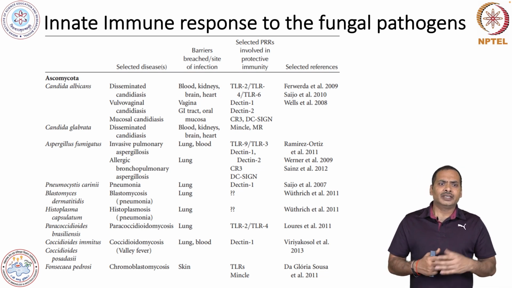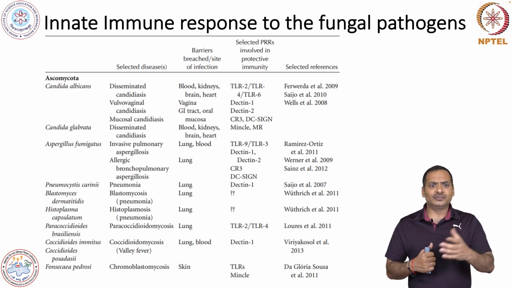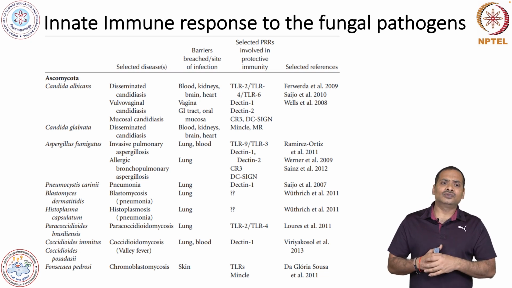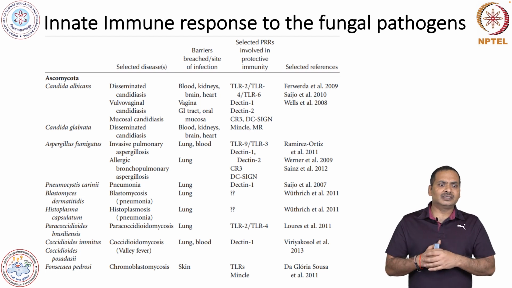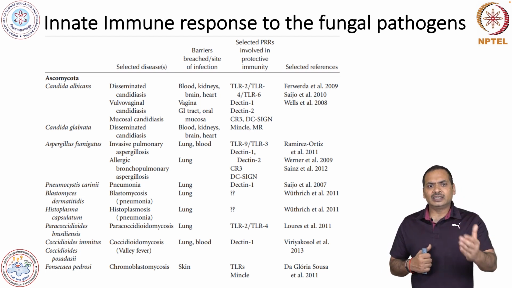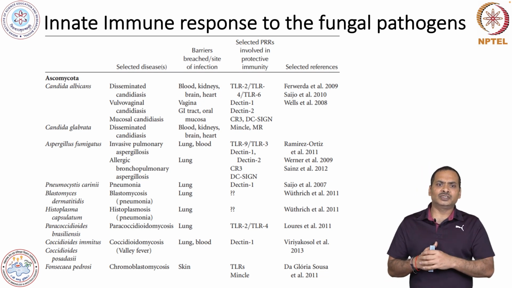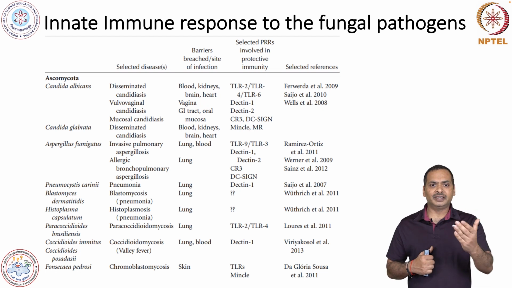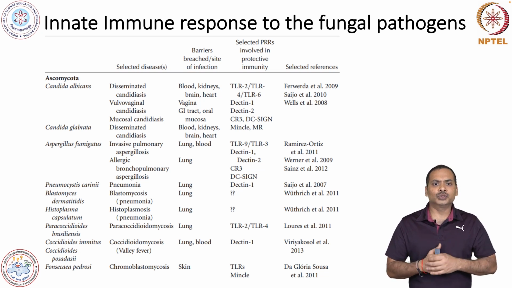Here I am giving quite detailed information about the innate immune responses to fungal pathogens. You can see that Candida albicans can cause disseminated candidiasis, vulvovaginal candidiasis, and mucosal candidiasis. The sites of infection, where barriers are breached, are blood, kidney, brain, heart, vagina, gastrointestinal tract, and oral mucosa.